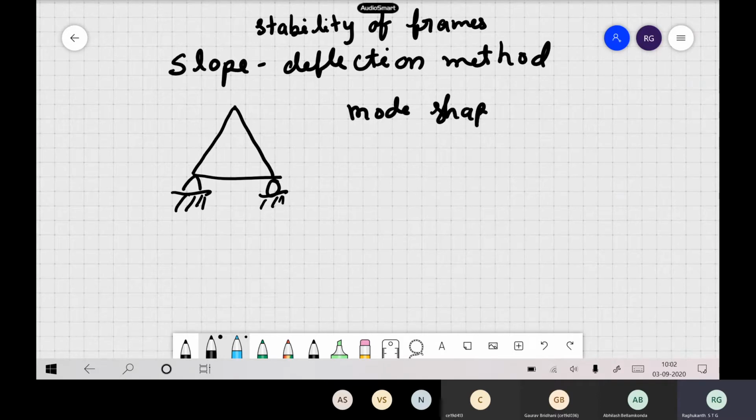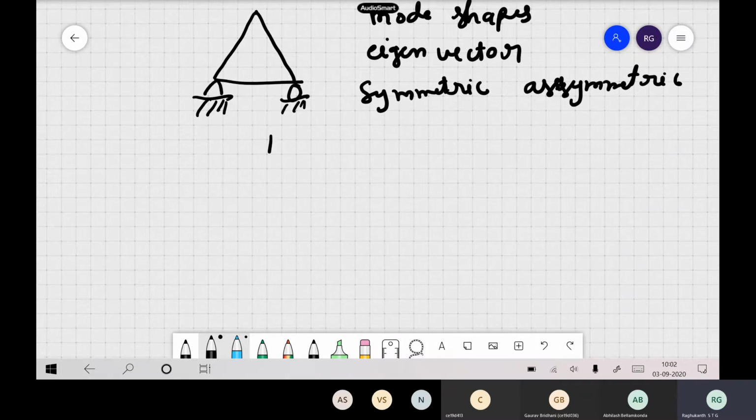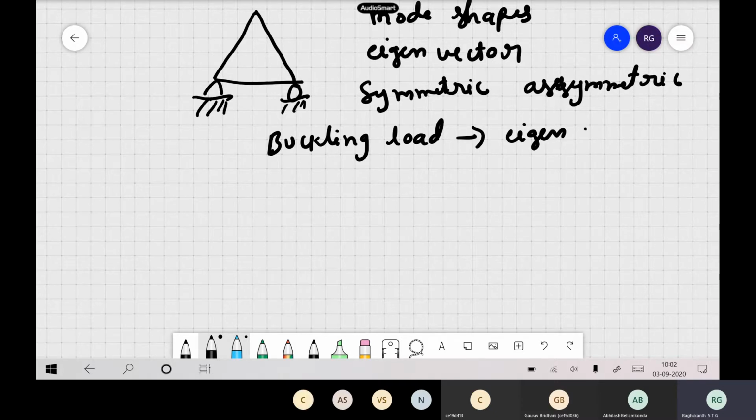If we calculate the eigenvalue and eigenvector, you will know what type of mode shape is going to occur. In some problems symmetric mode shapes may give the lowest load, in others the asymmetric mode may give the lowest buckling load. You can find this by solving the eigenvalues, that is the buckling load, and then substituting into your equations to calculate the eigenvector. The signs of the eigenvectors will tell you whether it is symmetric, or how the frame is going to buckle.